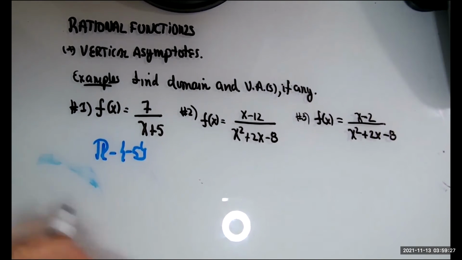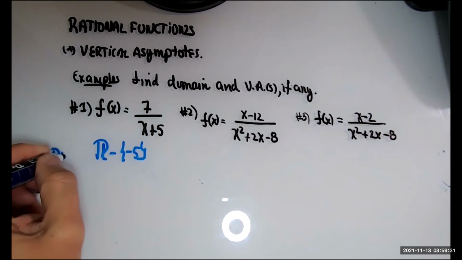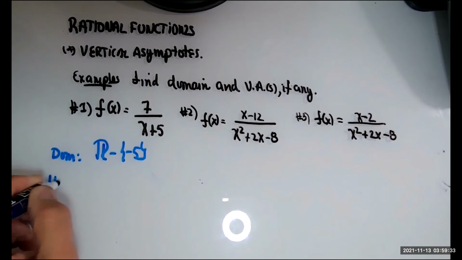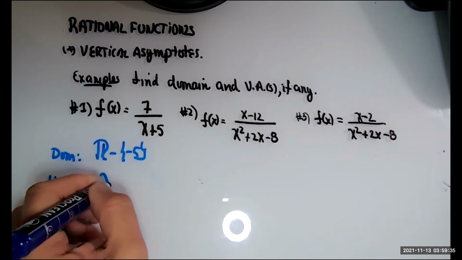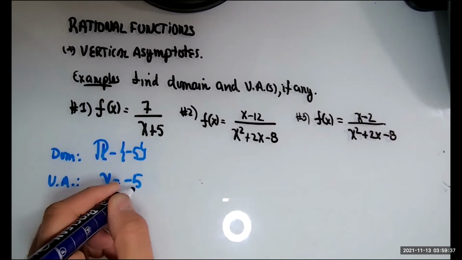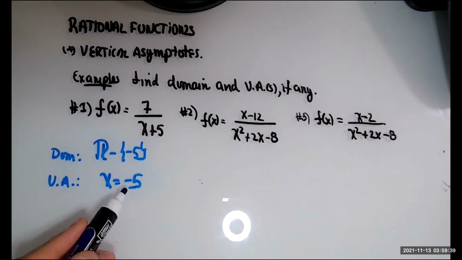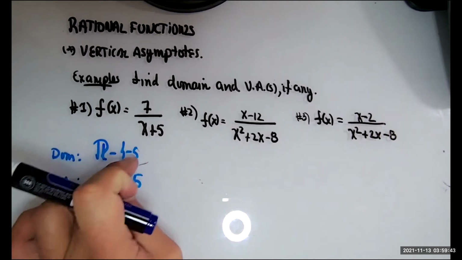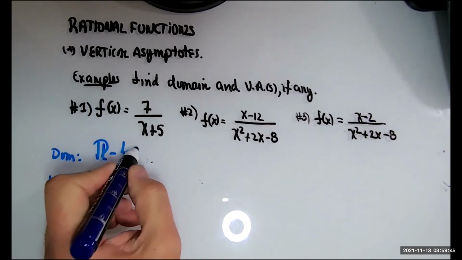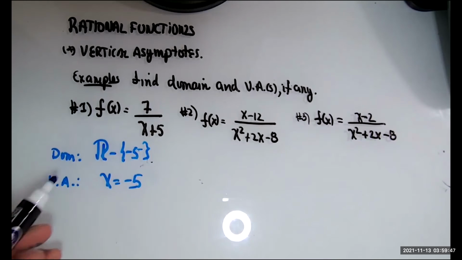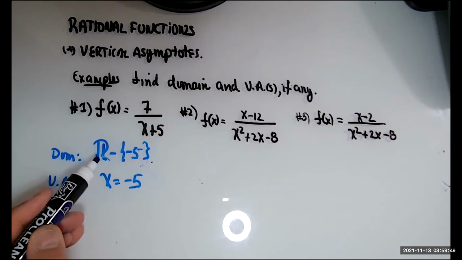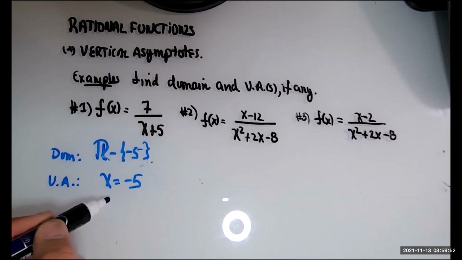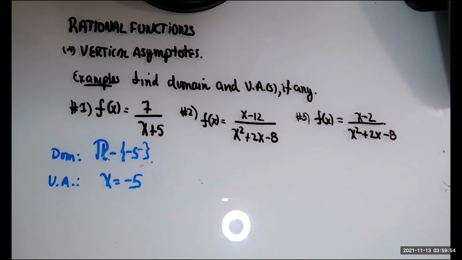And then the VA will be x equals -5. Why? Because x equals -5 is the 0 of the denominator. Okay, it's as simple and straightforward as that. So all real numbers except -5, therefore the VA will be x equals -5.